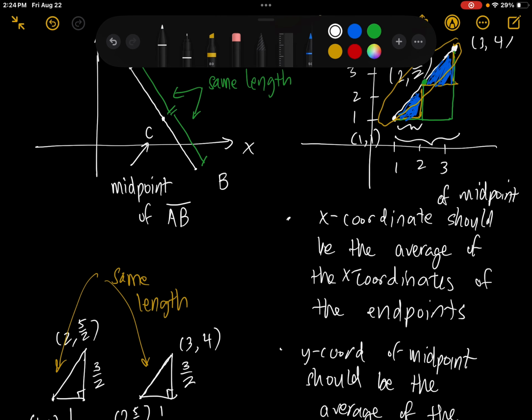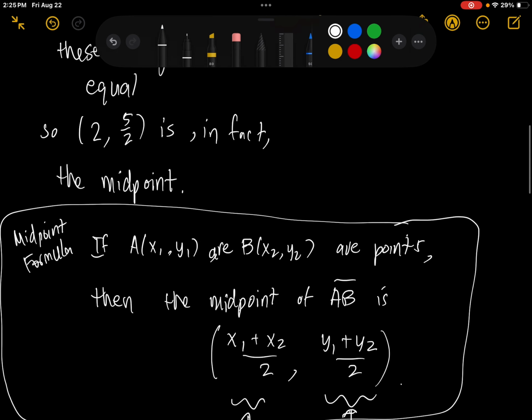When you do that, you end up getting two triangles that have the same sides, the 2 short sides are the same, and they're both right triangles, so the hypotenuses must be the same. That's how you know that what you get is actually the midpoint. It actually does split the segment into 2 equal pieces.